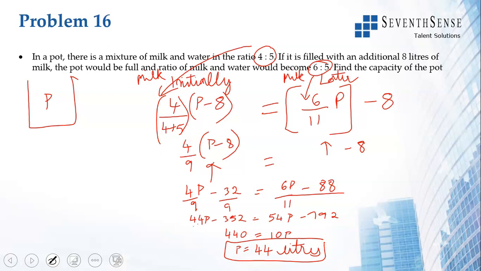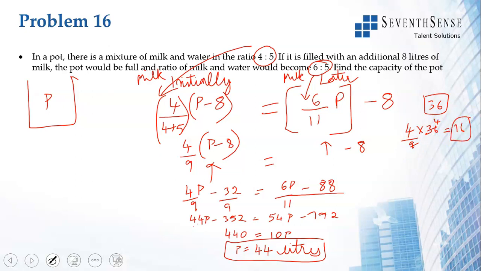So let us see whether what we have solved is correct. 44 liters is the capacity, so it was 8 liters less. So initially we had only 36 liters. In 36 liters we had milk and water in the ratio 4:5. So 4 by 9 into 36 is the quantity of milk, which is 16 liters of milk initially.